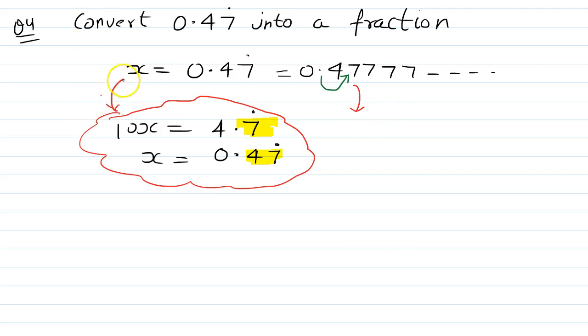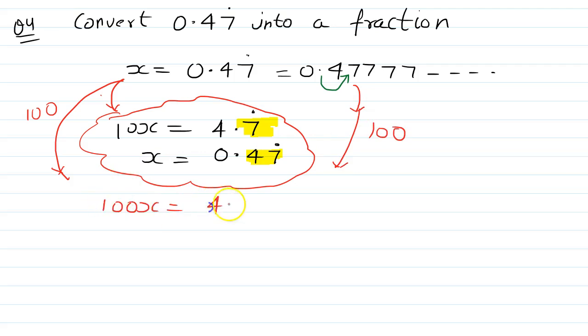So if we multiply by 100 and 100 both sides, what happens? It will become 100x and it will be 47.7 recurring. So whether it's working or not, let's cross check.